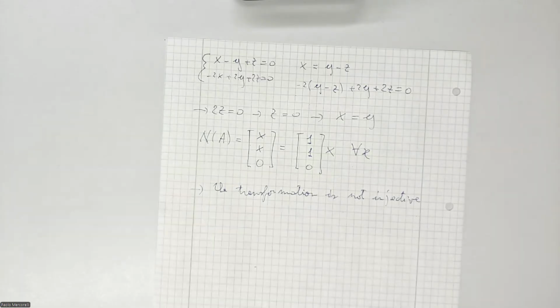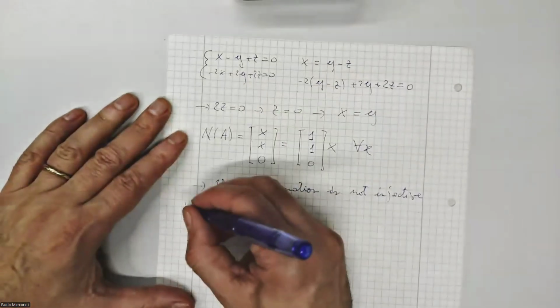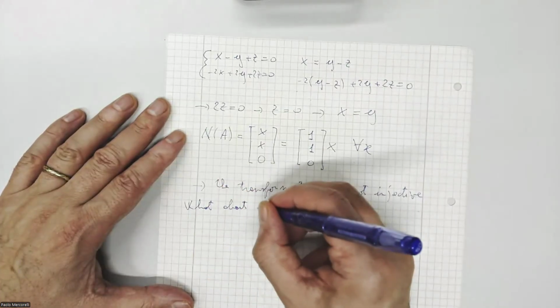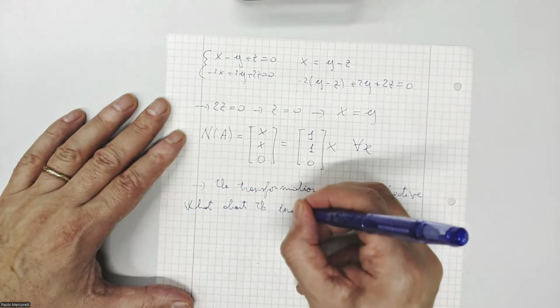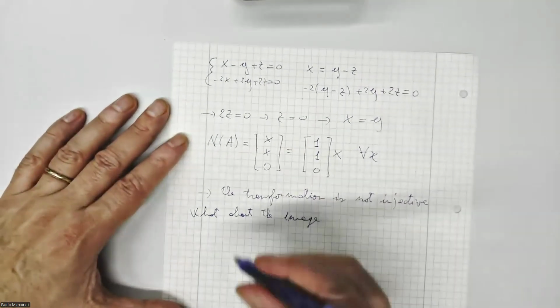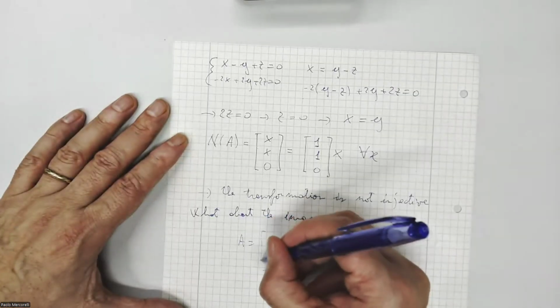Okay, let me go ahead. What about now the image? Let me write again the matrix.